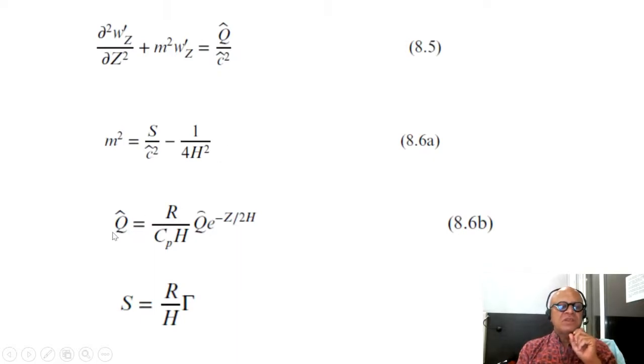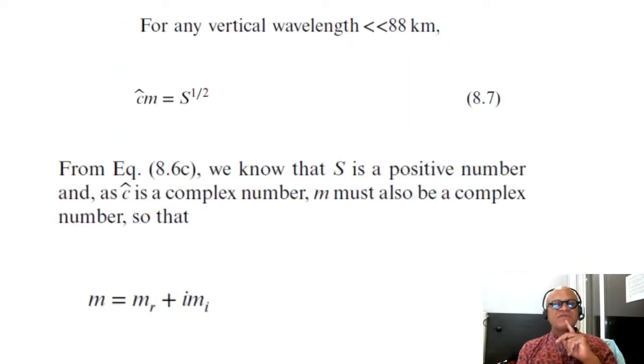We will see in a minute what happens to this when the mean depth is in a certain range. So q hat here is r over c hat, e to the minus z over 2H, with this q that we looked for eigensolutions in the previous equations. The vertical stability parameter is given by this vertical structure function.